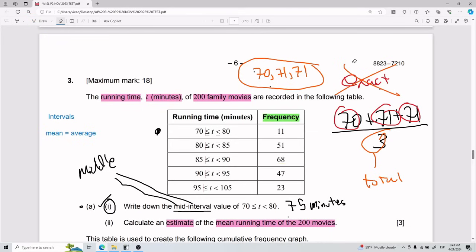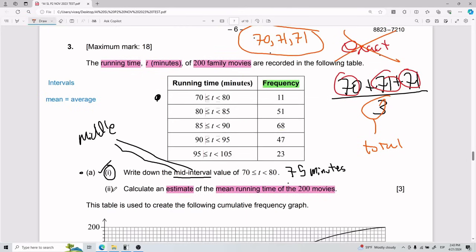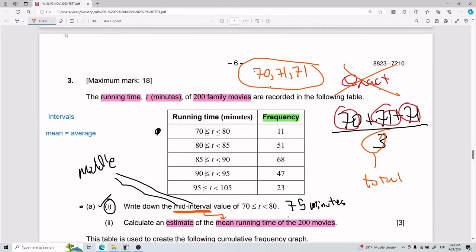And so how do you do it? Well, part A, part I asks you to find a mid-interval. Okay, so the mid-interval is something we need to use in this context to find the mean. So yes, I don't have exact values, but then what can I do?